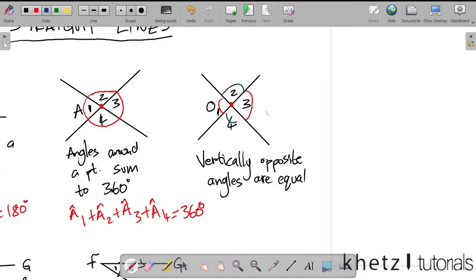That is what we mean when we say vertically opposite. So angle O1 is equal to angle O3, and angle O2 is equal to angle O4. That is what that means.